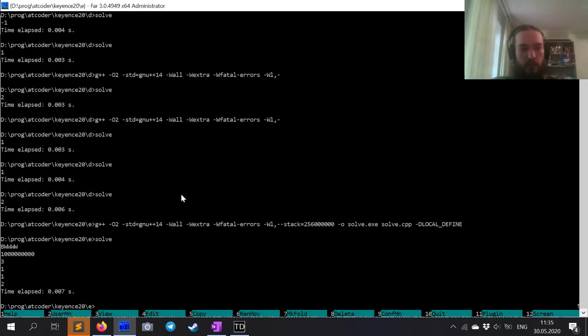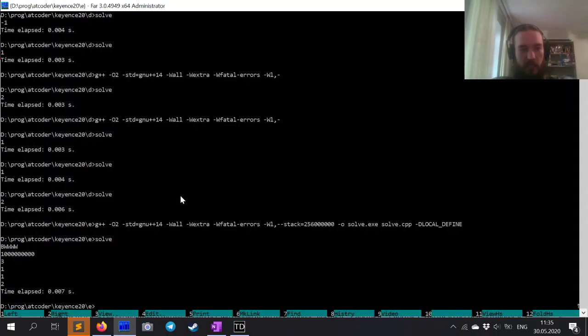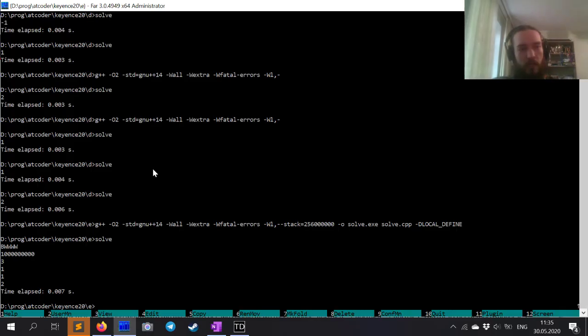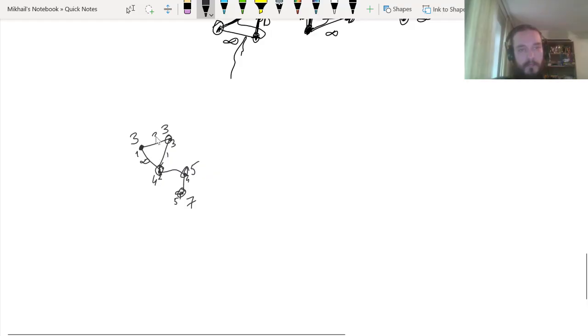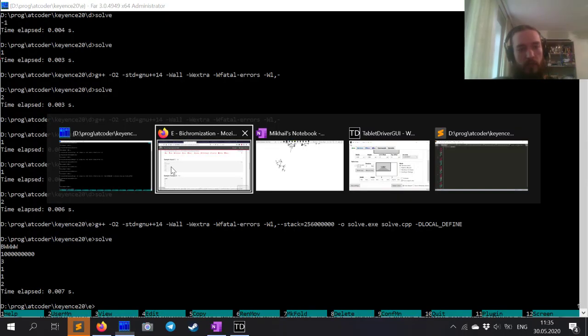Also, the weight of the edge 1, 2 is infinity. All right. 1, 3 is 3. 3, 4 is, no, 3, 2. 3, 2 is 1.